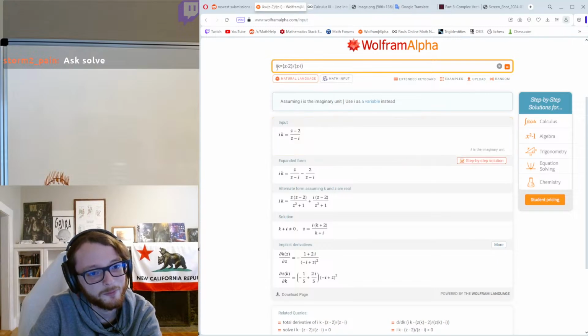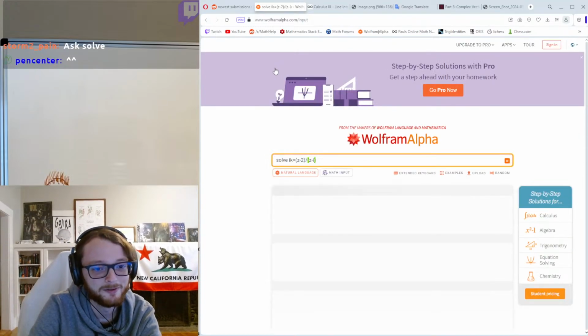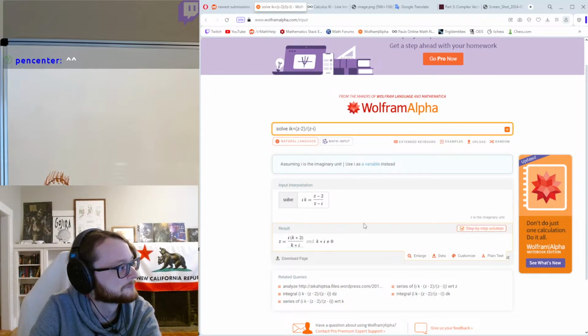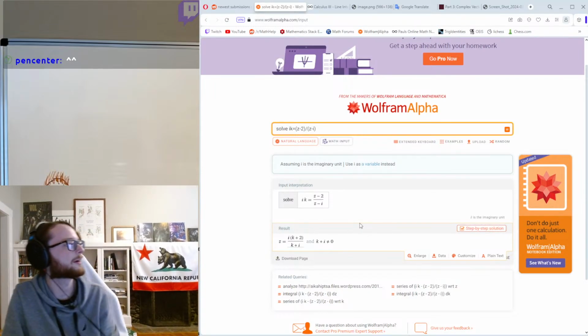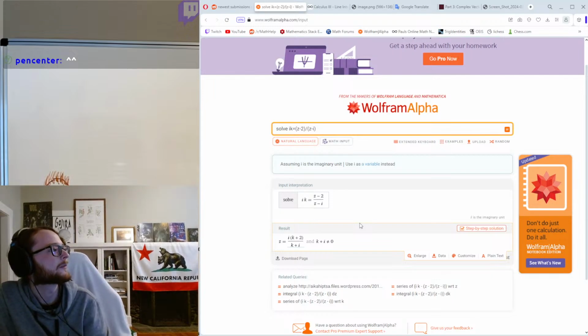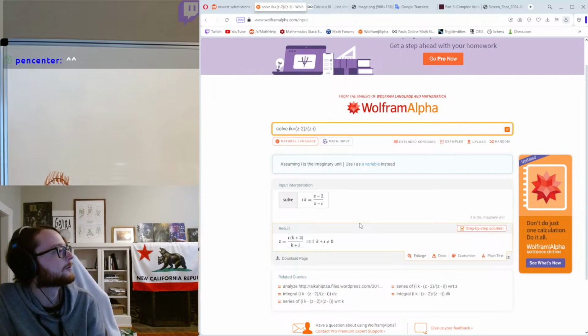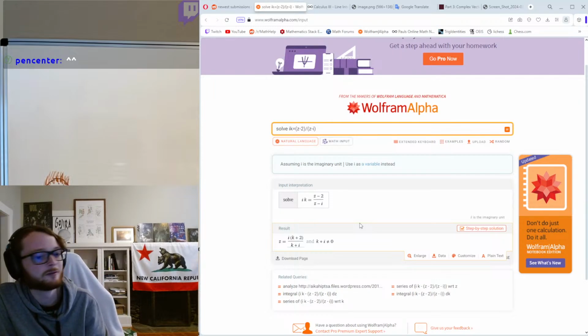Like, put solve here? That's not what, I don't think that's what we got. Unless there's some cancellations once you actually get the thing. K plus 2. IK plus 2 over K plus I? I don't know what that means.